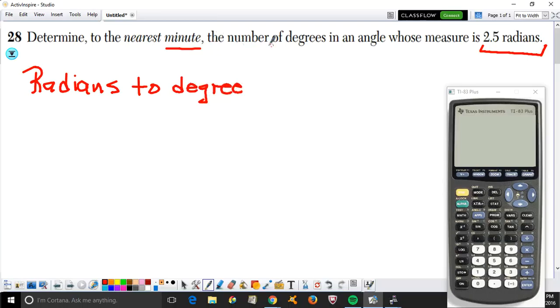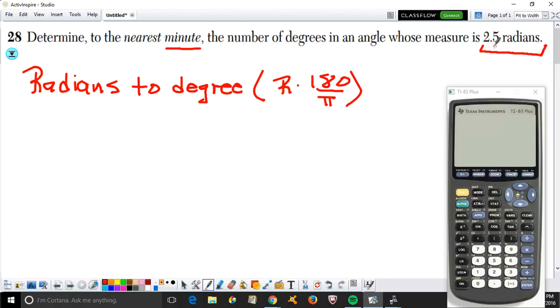We have here that we want degrees. Now the formula to convert any radians into a degree is you're going to get your radian and you're going to multiply by 180 over pi. This is the conversion factor to go from radians to degree. So let's apply this conversion factor.